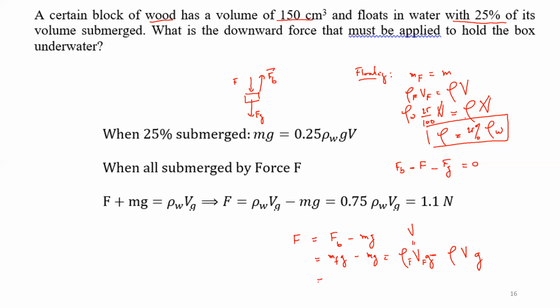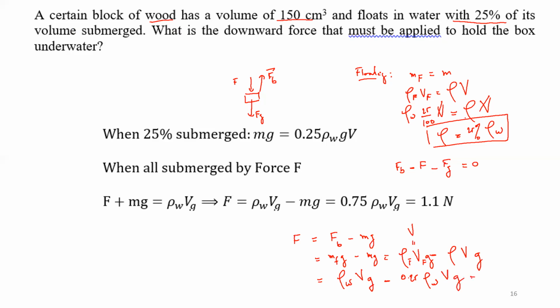So what will I have? I will have rho water, rho of the fluid, multiplied by the volume of the object multiplied by g, minus rho of the object, which is 0.25, multiplied by rho water, multiplied by the same volume of the object, multiplied by g, because now everything is here.